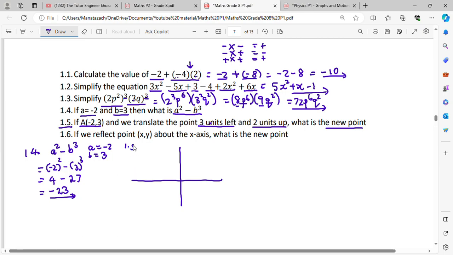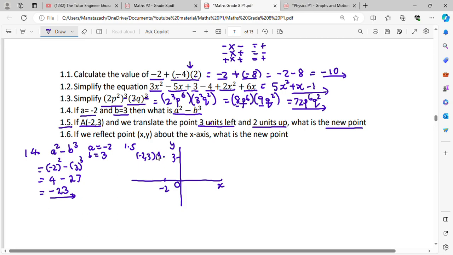Okay, this is 1.5. You have the y-axis and the x-axis. You have a 0 here. So x is -2 and then y is 3. So this is point A, where you have -2 and 3.